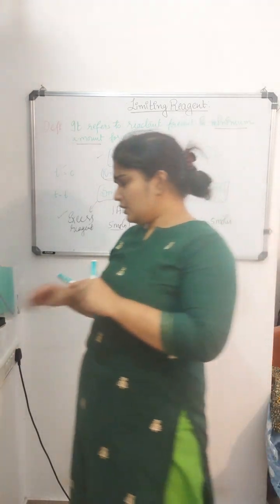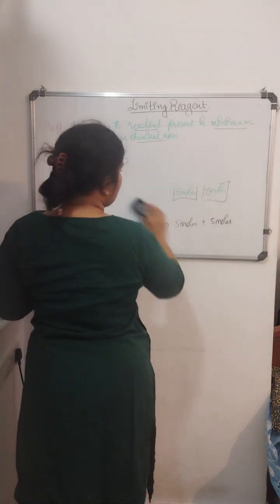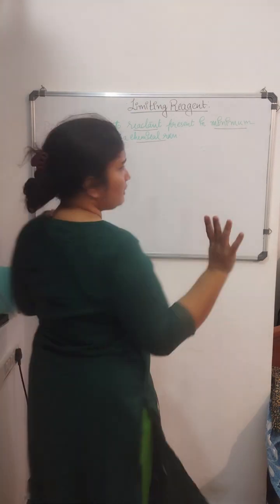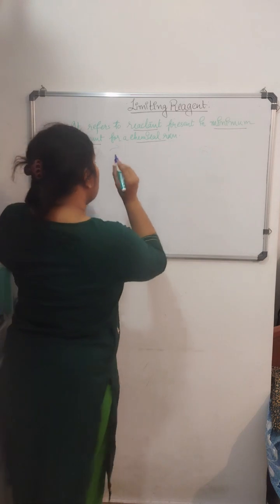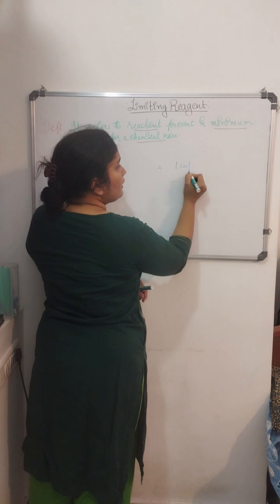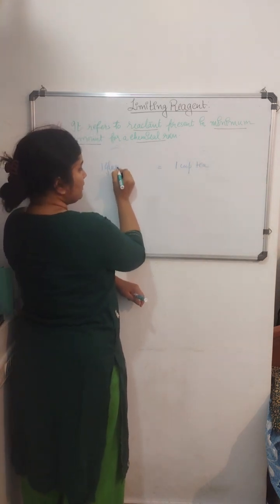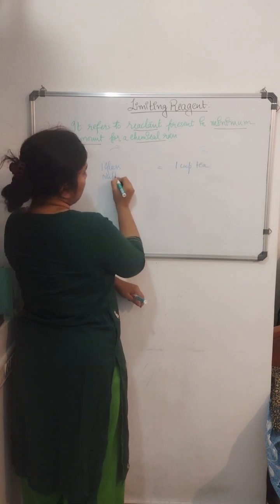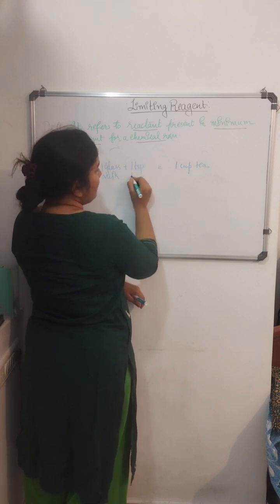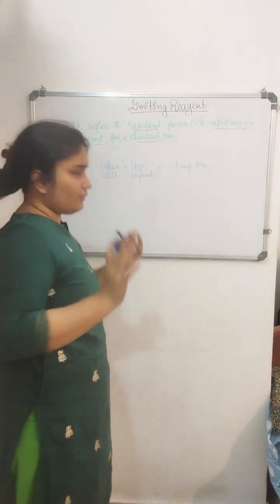We can also understand limiting reagent using another example from daily life. Let us suppose that to make 1 cup of tea, we require 1 glass of milk and 1 tablespoon of tea powder. This is the reaction, suppose.